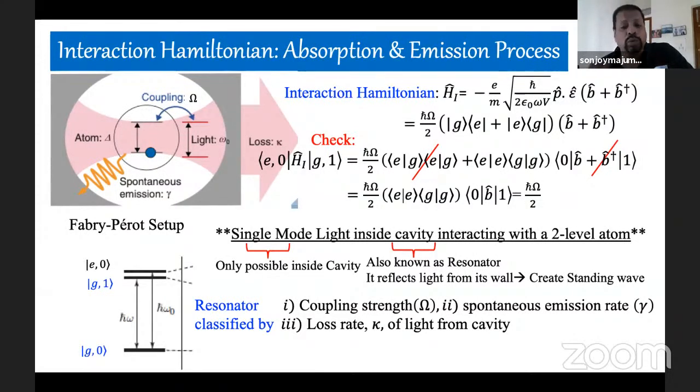So we want to control the loss rate of the light, which one can write in terms of a factor like kappa. These are the parameters which classify your resonator. Depending upon these parameter values, you can judge whether the resonator is good or bad, whether it has strong coupling or weak coupling. Depending upon that, you will get different physics.